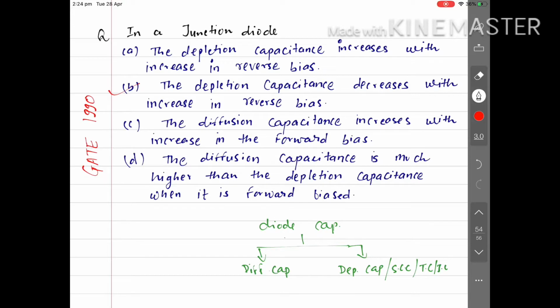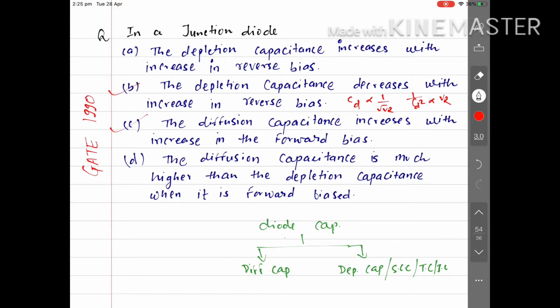The depletion capacitance decreases with increase in reverse bias, because as I said, the depletion capacitance C_D is inversely proportional to under root V_R, that is, 1 over C_D square is proportional to V_R. So as we increase the reverse bias, the depletion capacitance decreases.